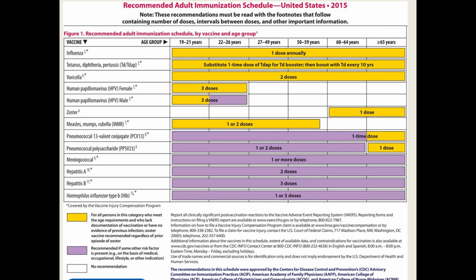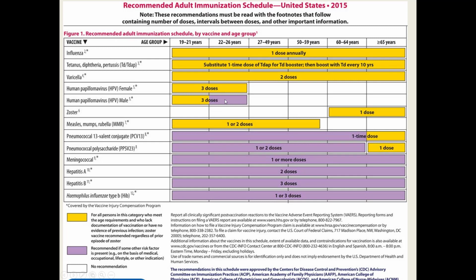Recommendations of the doses: they recommend the influenza vaccine every single year. They recommend the Tdap about every 10 years. For the varicella they usually recommend a couple of boosters somewhere in your adult life. HPV, most likely you're still finishing up your 3 doses around this time.